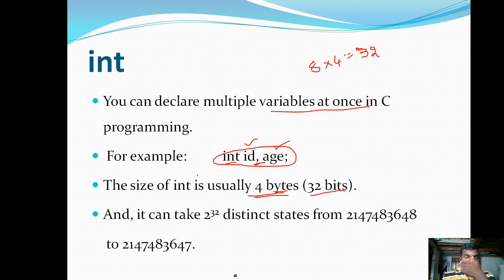So the integer can take 2 power 32 distinct states, from minus 2147483648 to plus 2147483647. That is, from minus 2 power 31 to plus 2 power 31 minus 1.